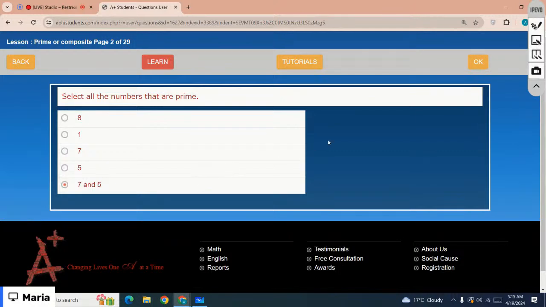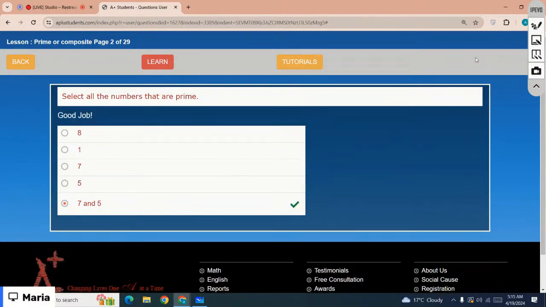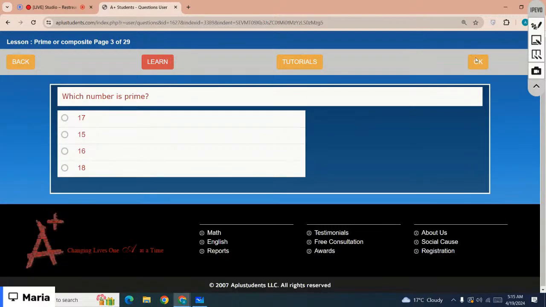Very good. Which number is prime? Which is the correct option?